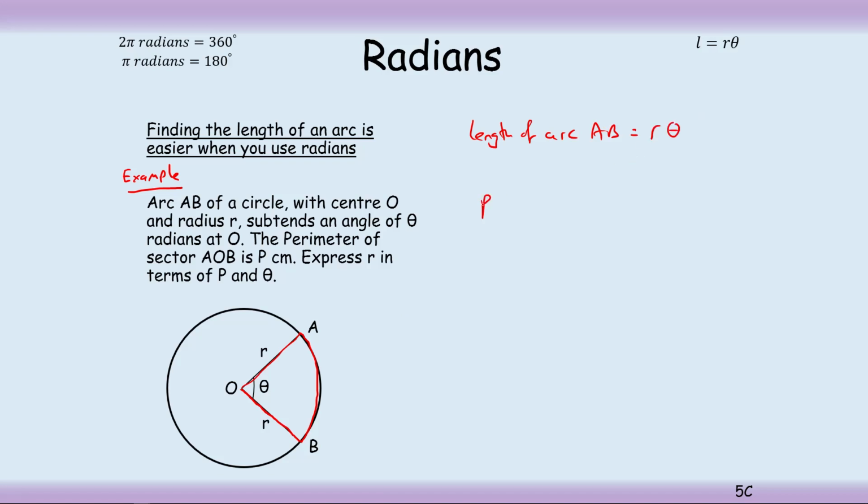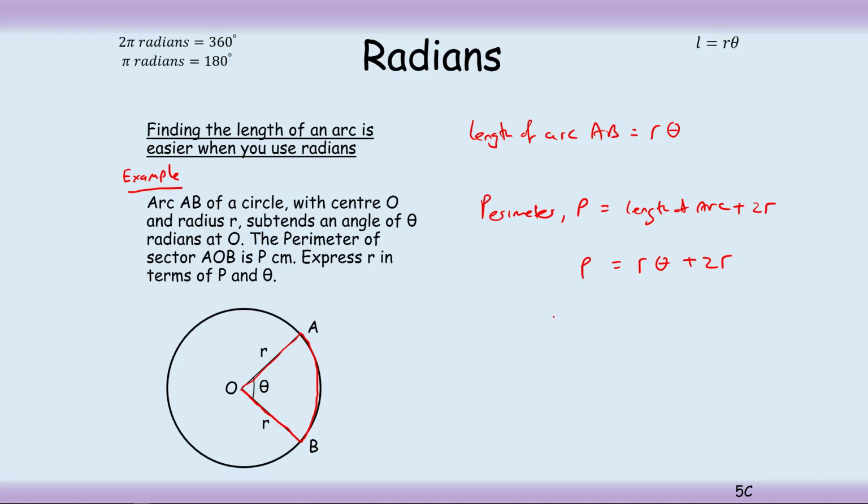And the perimeter, P, is equal to the length of the arc plus 2 radii, so 2r. Length of the arc is r theta, so P is equal to r theta plus 2r.